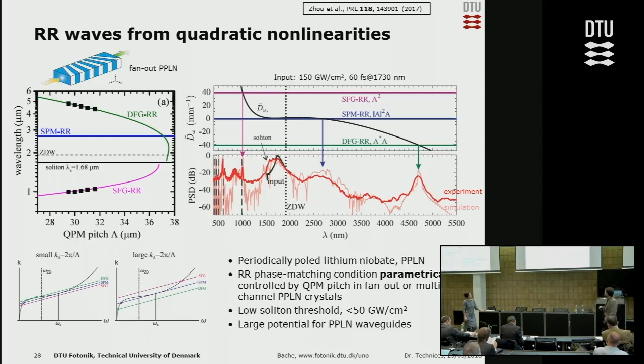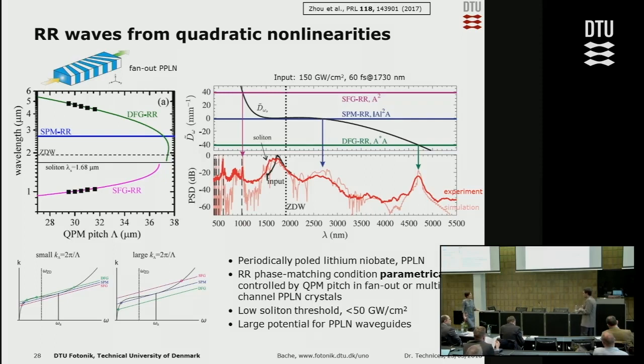So it was only when we realized that we could actually manipulate these resonant radiation phase matching points with quasi-phase matching that we really thought that quasi-phase matching was relevant. The main attraction before that was basically control. It gave us more control than we had before.